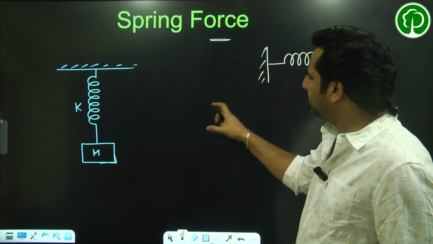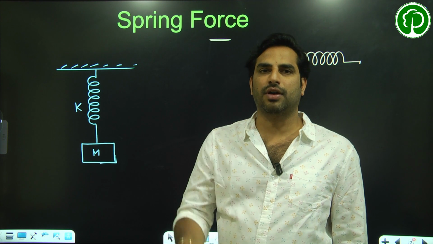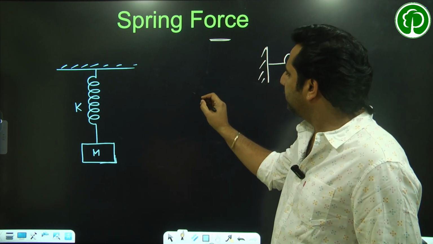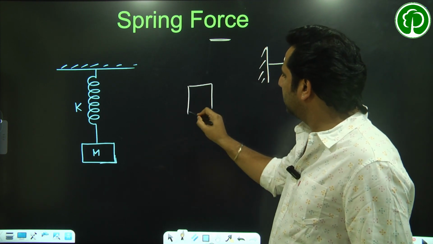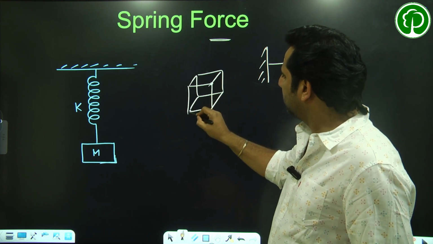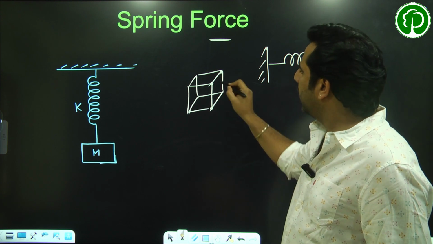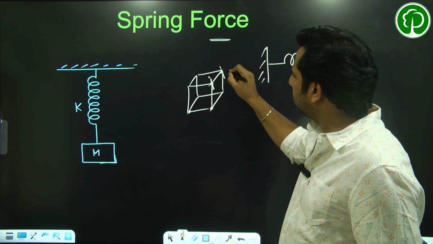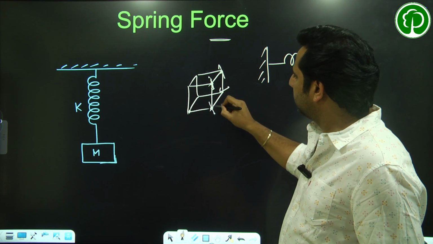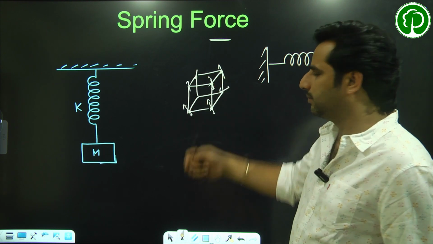If you look at the basic structure of a solid, the atomic structure of the solid, the atoms of the solid have got their mean position, as if they are on the corners of the cube, and they're vibrating about their mean positions from their respective positions. So all the atoms are vibrating.